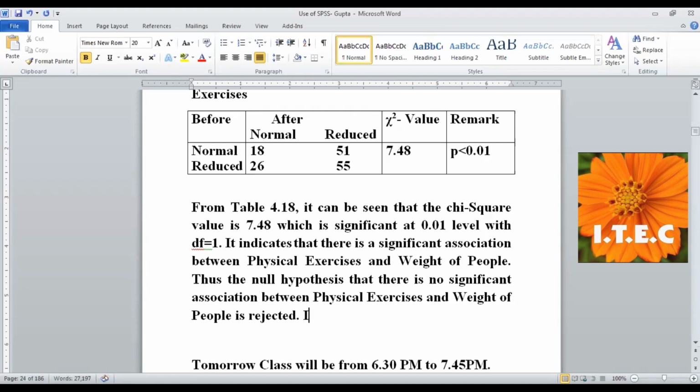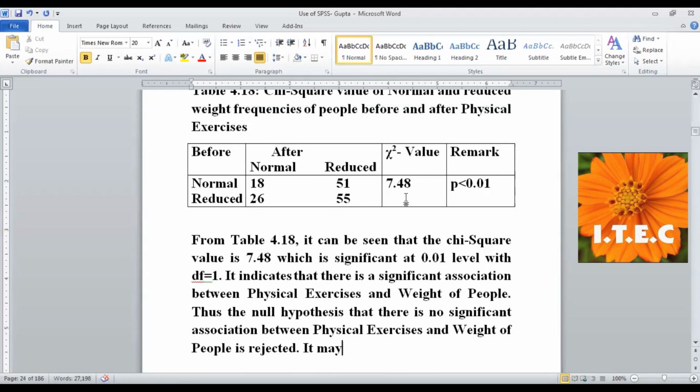So now you can see from the table that the normal people before, after that have reduced. So those who have reduced their weight, that is much more. So that means physical exercise helps in reducing the weight.